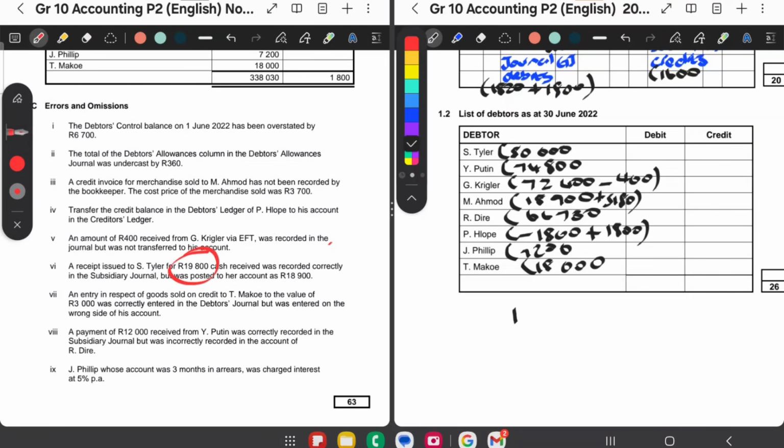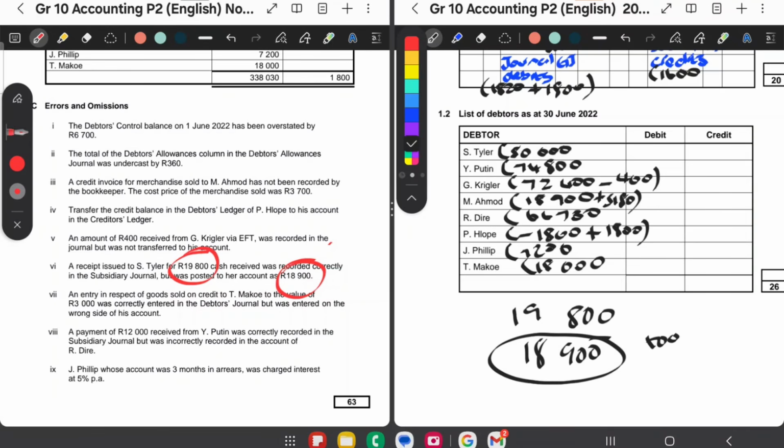The amount was supposed to be 9,800, but we recorded this amount as 8,900. So if you look at the two amounts, we recorded too little. Okay, and this was a receipt. A receipt is the same as a payment, because a payment to them is a receipt to us. Okay, so we entered too little.